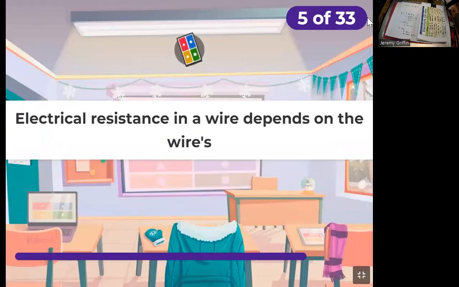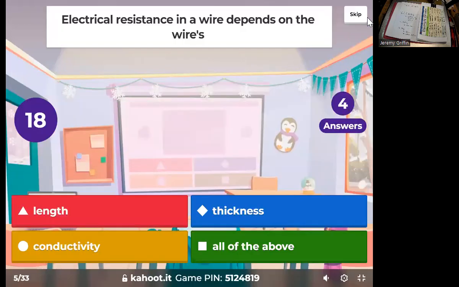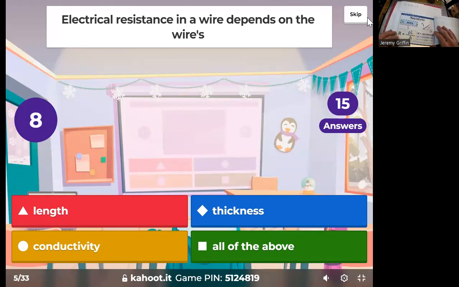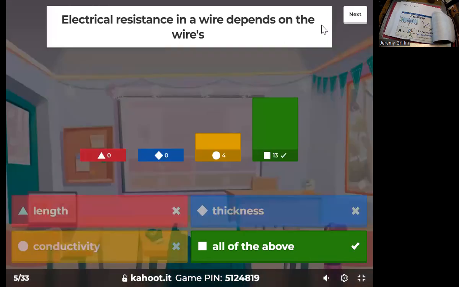Electrical resistance in a wire depends on the wire's what? Nice, all the above.